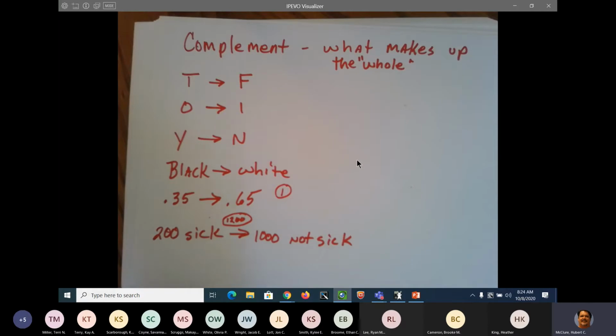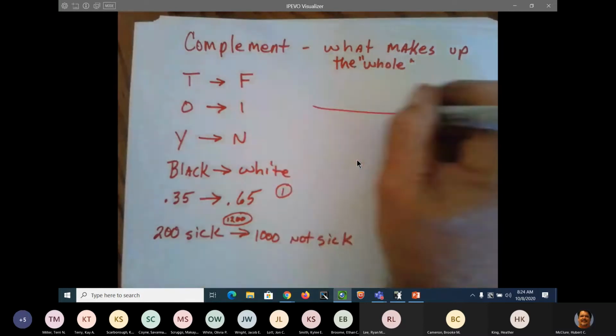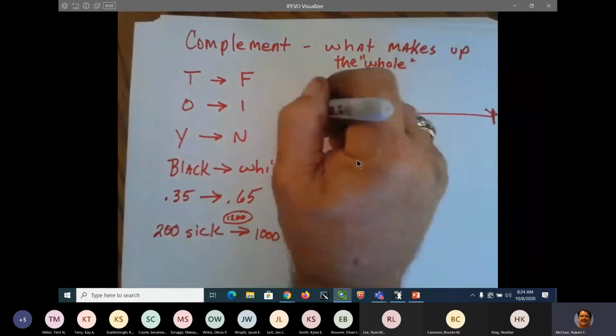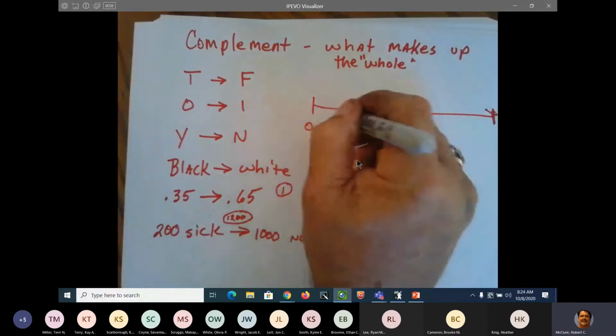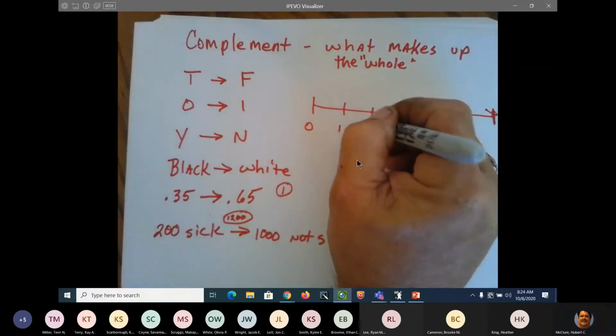Now, why is this important in this section? Well, let me ask you, if I give you the households, and I like to show it on a number line.